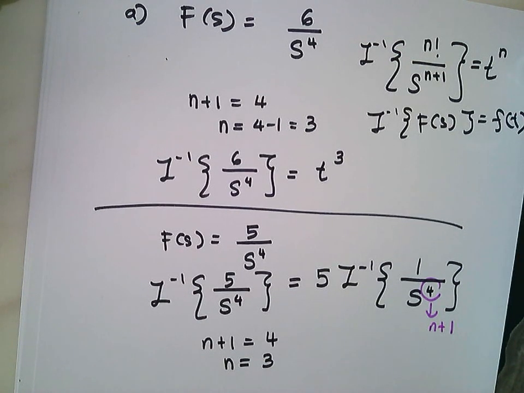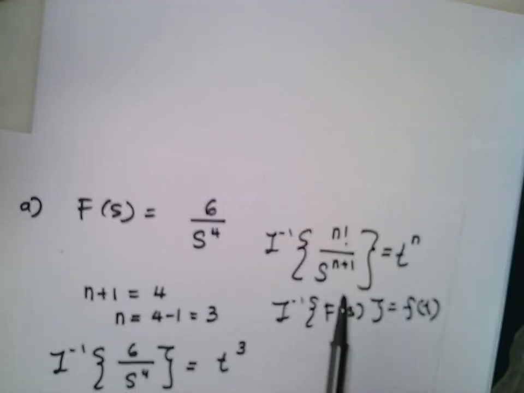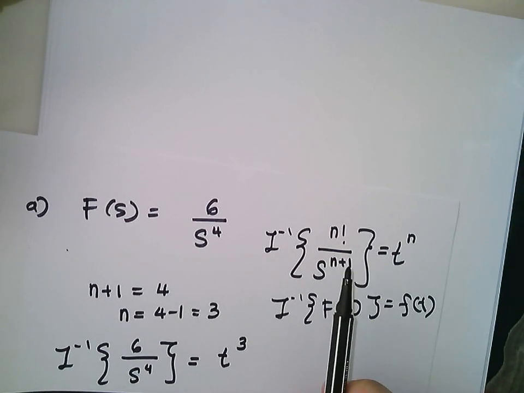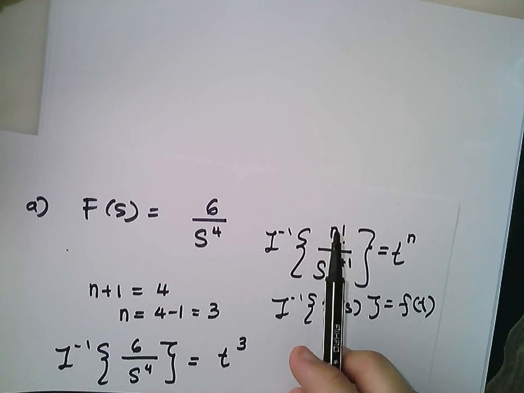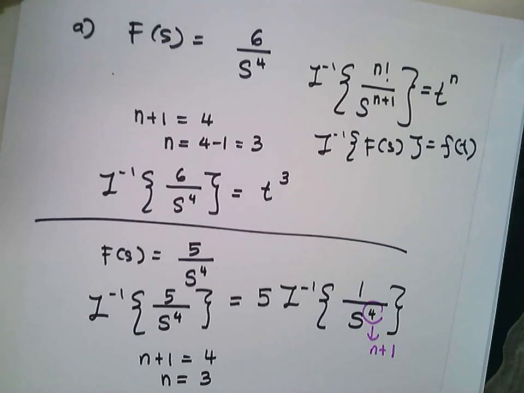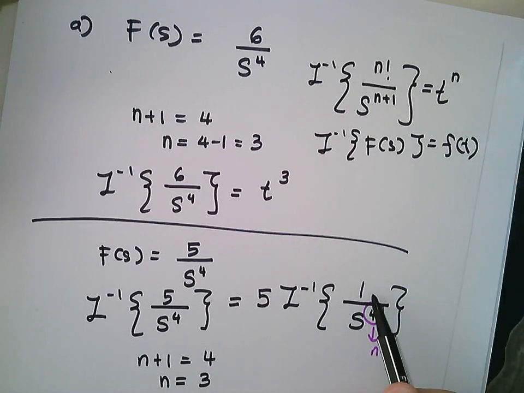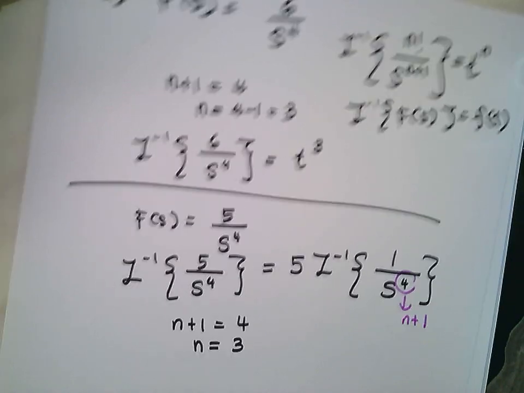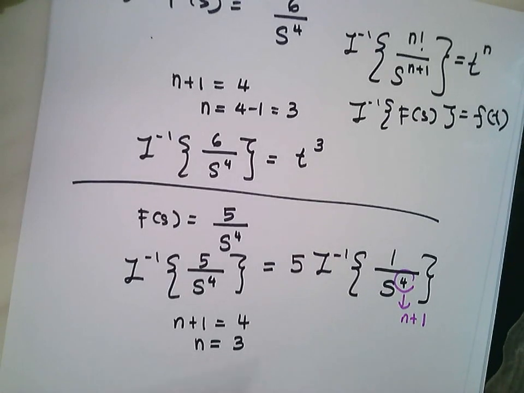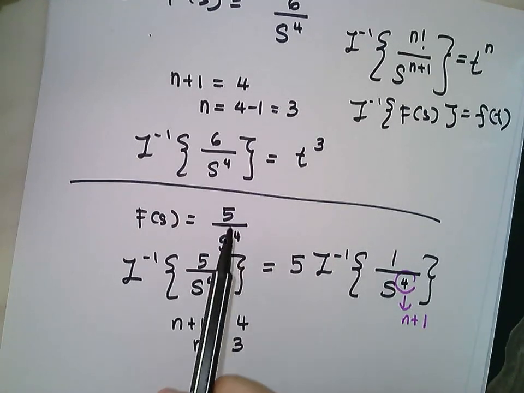So if your n is equal to 3, your numerator part should be 3 factorial. How are you going to get a 3 factorial here? By doing something, but you cannot change the problem.